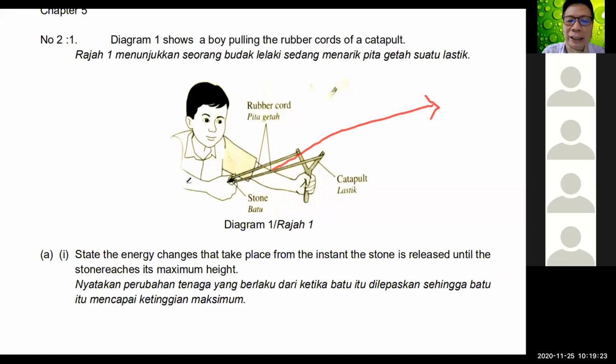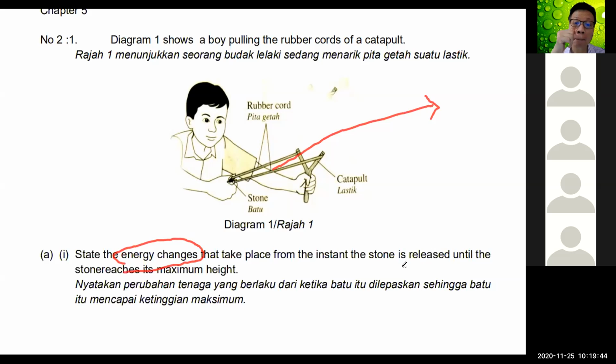This elastic potential energy, when you release, brings the stone to a very far distance. See the energy changes that take place from the instant the stone is released until the stone reaches the maximum height.